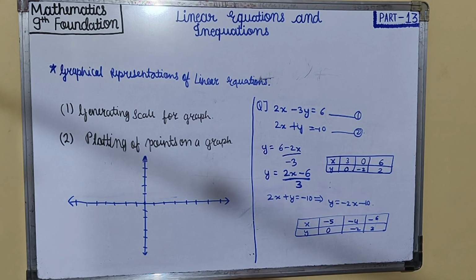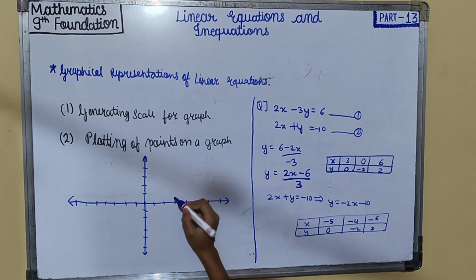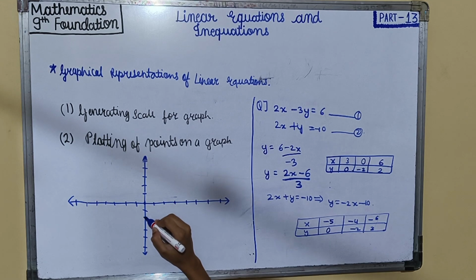So here, by putting the values, firstly we will get 3 comma minus 2 over here, and this minus 2.